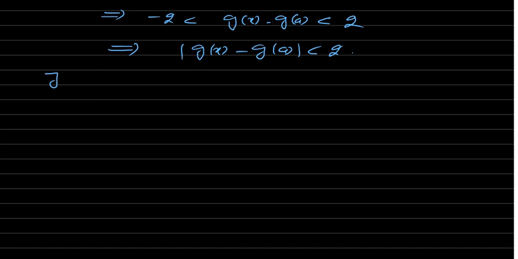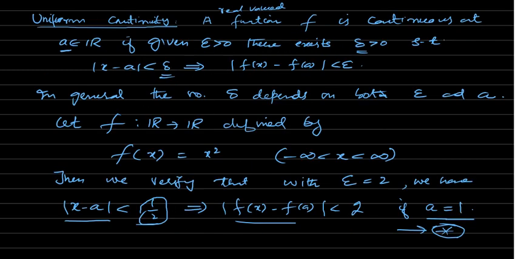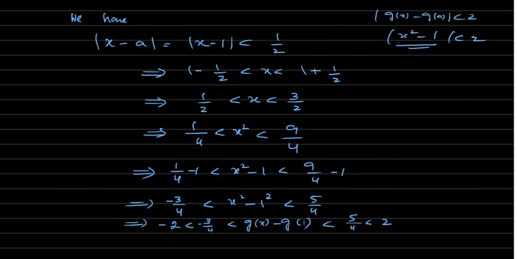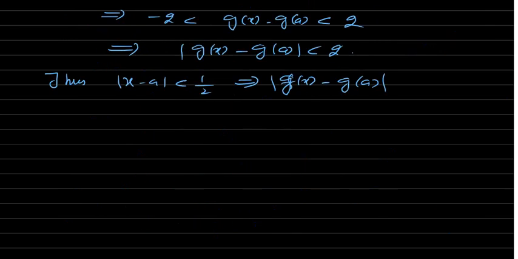So thus we have mod of x minus a less than 1 by 2 implies mod of f x minus g of x, g of x minus f x... Oh, it's f x, right? It's f x, not g x.